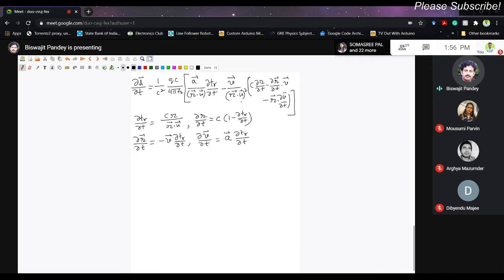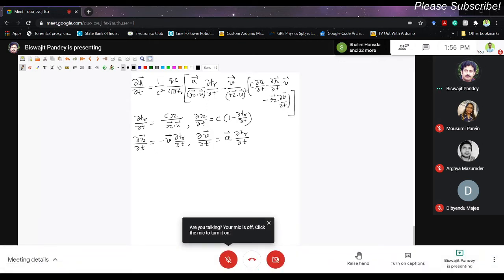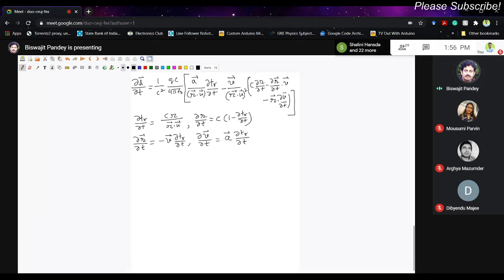Now let us substitute all these terms here. So what do we get? Okay, maybe we can take this out. R dot u squared is here, 1 by R dot u is there. If I take R dot u whole square common outside this, let us cancel 1c, c and c squared. So I will have ∂a/∂t equal to q by 4π ε0 c. 1c is cancelled, and I am taking 1 by R dot u whole square common.